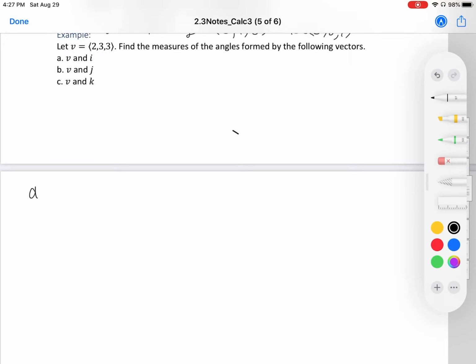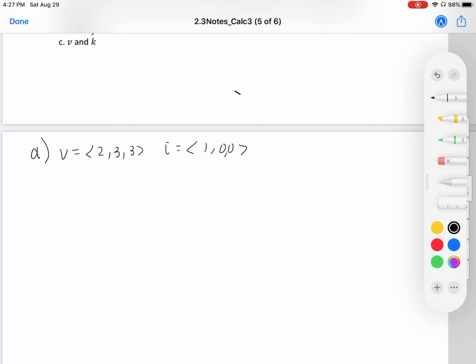So for A, we have vector v, which is 2, 3, and 3. And i, as a vector, would be 1, 0, 0. All right, we want to find the measure of the angle between them. So remember your formula. That would just be cosine theta is equal to the dot product of u and v divided by the magnitude of u and v.